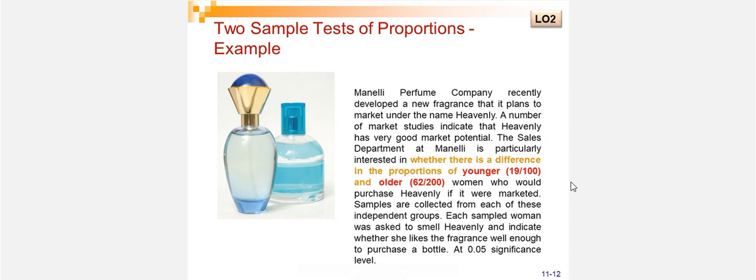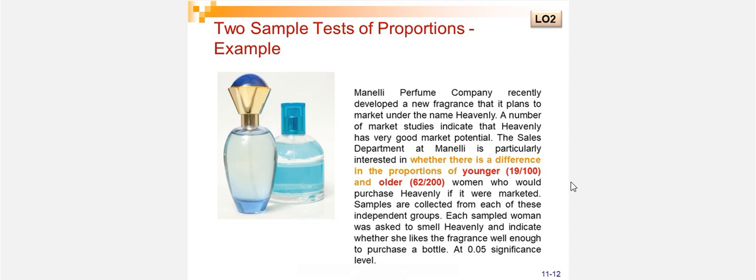Two sample tests of proportion. Example: a perfume company recently developed a new fragrance that it plans to market under the name Heavenly. A number of market studies indicate that Heavenly has very good market potential.